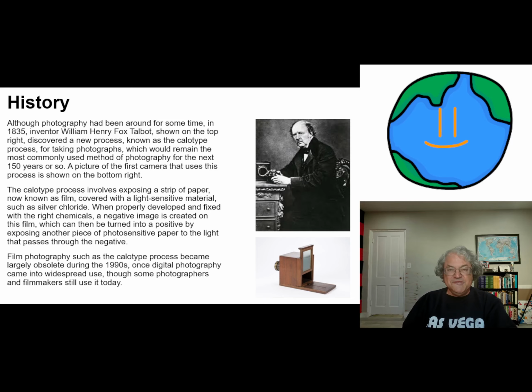even movies are made digitally now, because it's so much easier and cheaper. And you can do a lot more with them. You can alter the pictures too. I didn't even mention that about digital photography. I don't know if this is an advantage or disadvantage. I guess it depends on your point of view. We can fake photographs a lot more easily digitally.